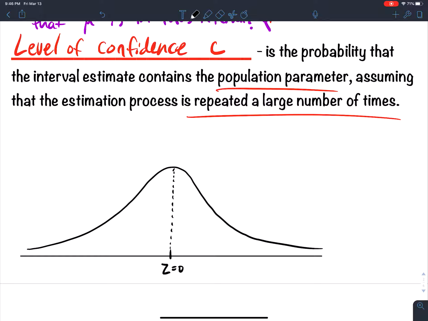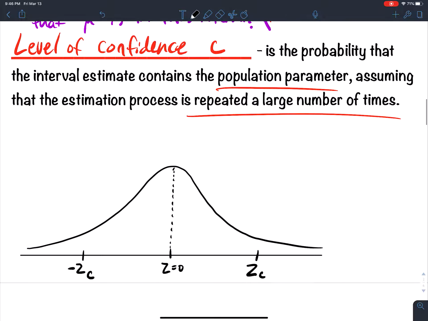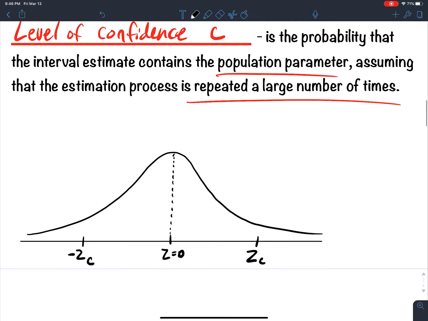All right. Now, I want to come up with this level of confidence C. So I'm going to have some cutoff points, some zc scores. So zc here and negative zc on the left. Remember, on the left are negative numbers, on the right are positives. It's symmetric, right?